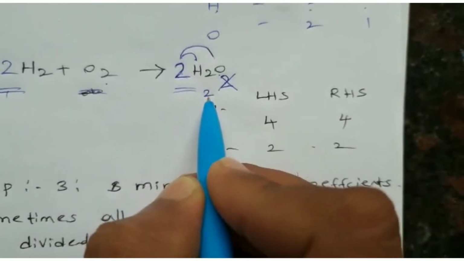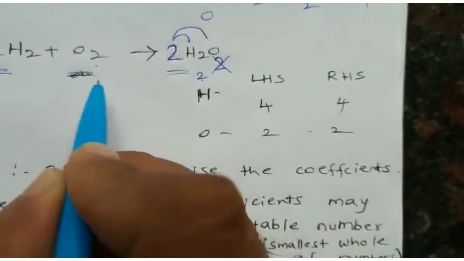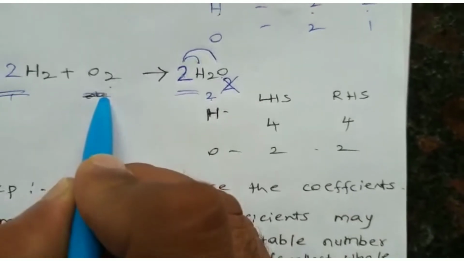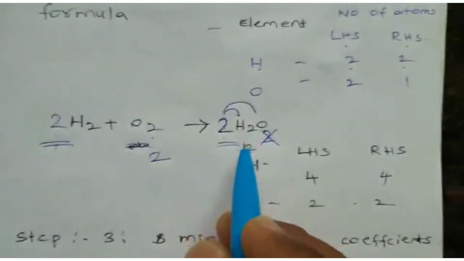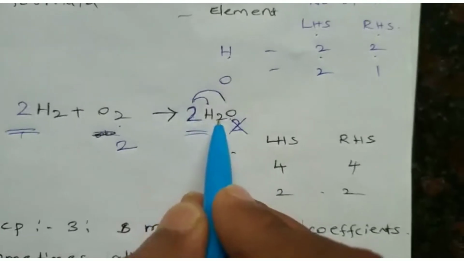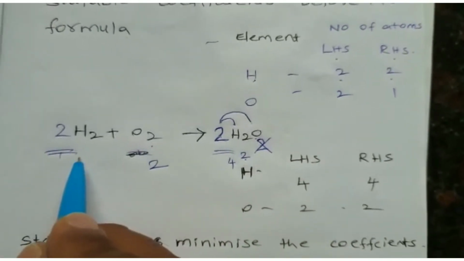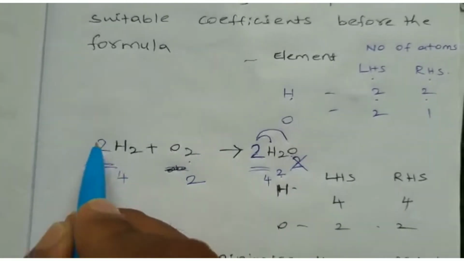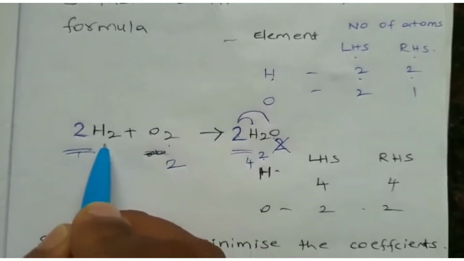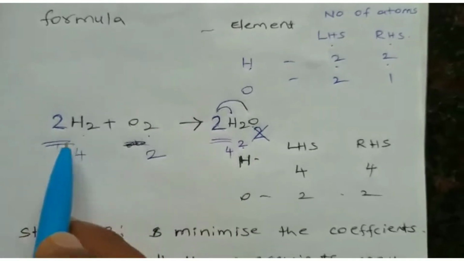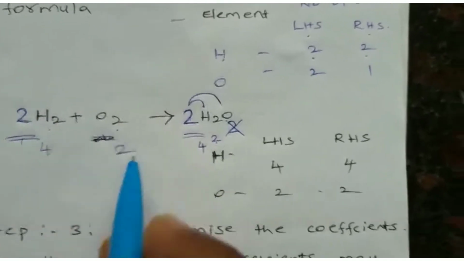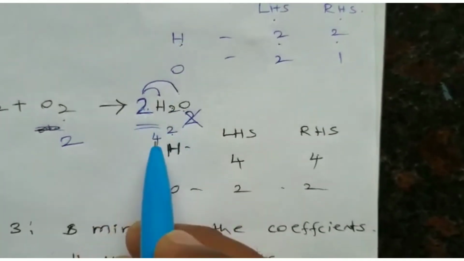So on the right hand side oxygen atoms are 2 and on the left hand side oxygen atoms are also 2. And hydrogen atoms become 4. So we want to make it 4 hydrogen atoms on the left side also. So we can take 2 as a coefficient before the hydrogen. Now you can count 2 times 2 gives 4 hydrogen atoms, and here also 4 hydrogen atoms.